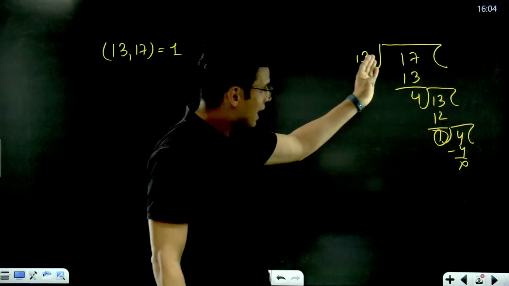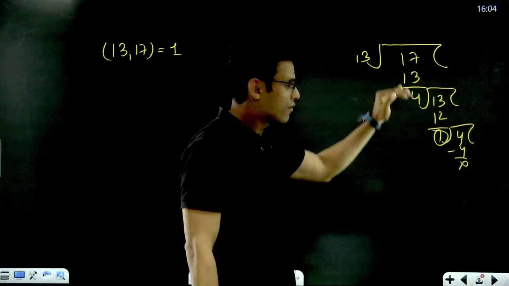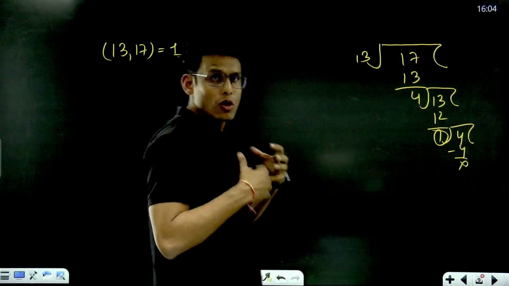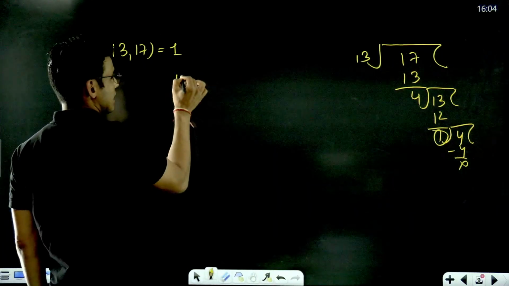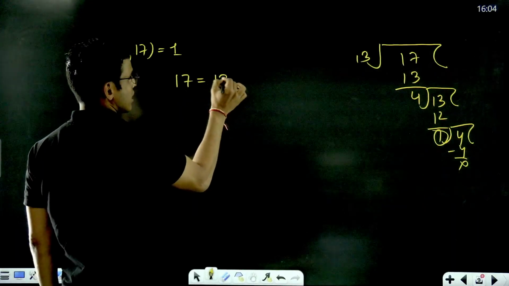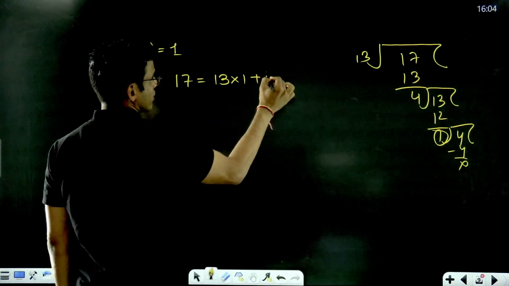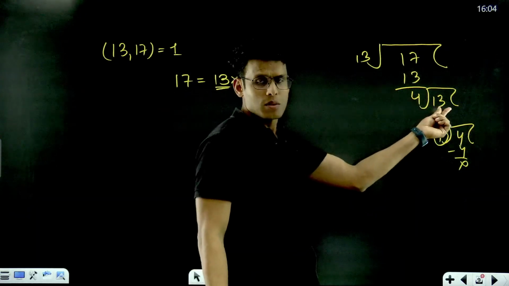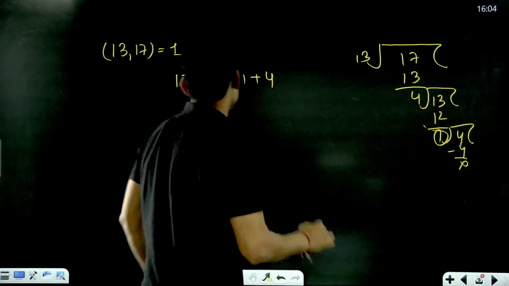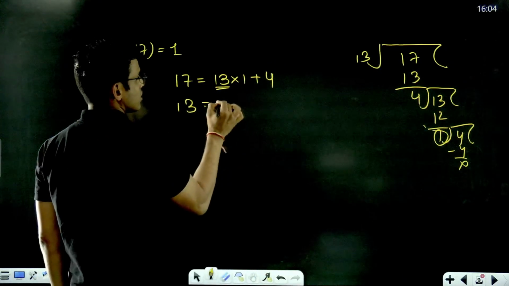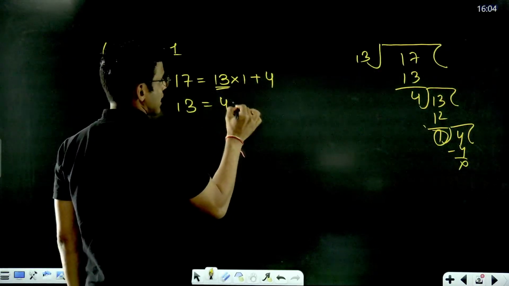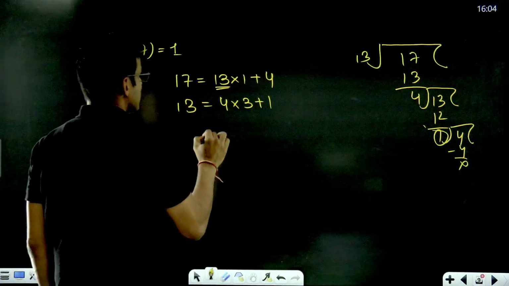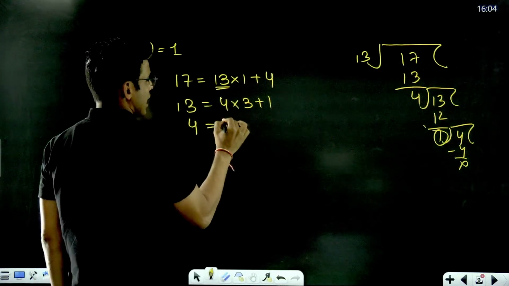If I write this division in terms of Euclid division lemma, then 17 is 13 times 1 plus 4, and then 13 becomes my dividend and 4 becomes my divisor. So I'm getting 4 times 3, plus 1.